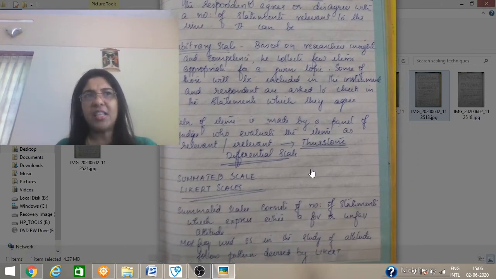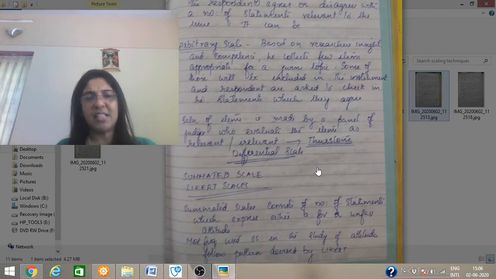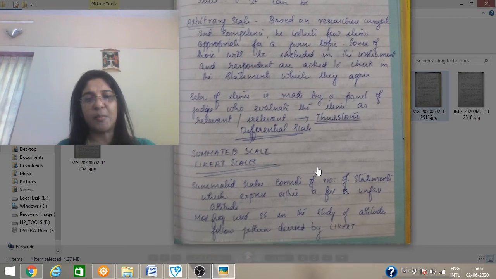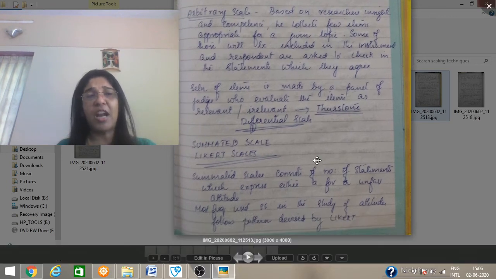And another type which we have already discussed is a summated scale. They consist of a number of statements which express either a favorable or unfavorable attitude. The most frequently used summated scale in the study of attitudes follows the pattern devised by Likert. There is the Likert scale.